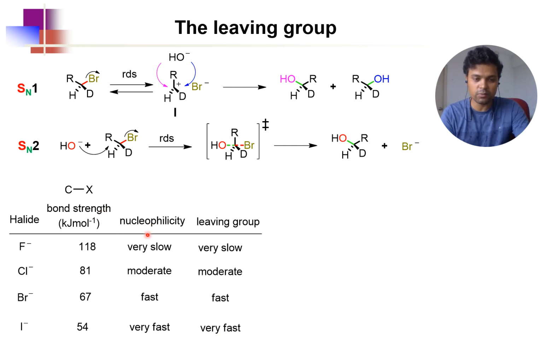At the same time, if you think about nucleophilicity, iodide is the best nucleophile, and fluoride is the worst nucleophile. The reason is that nucleophilicity is the donation of a pair of electrons to the carbon center.